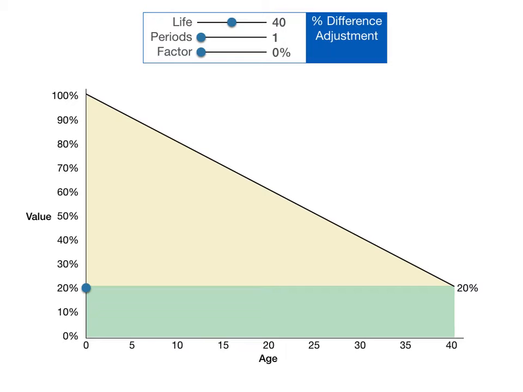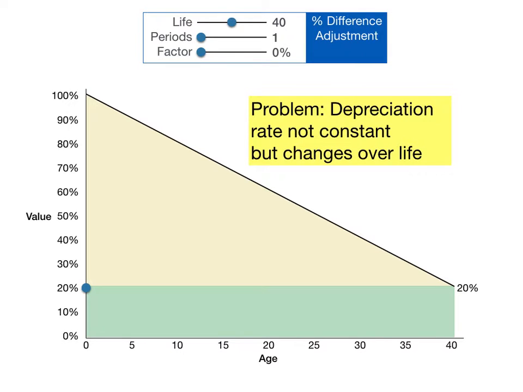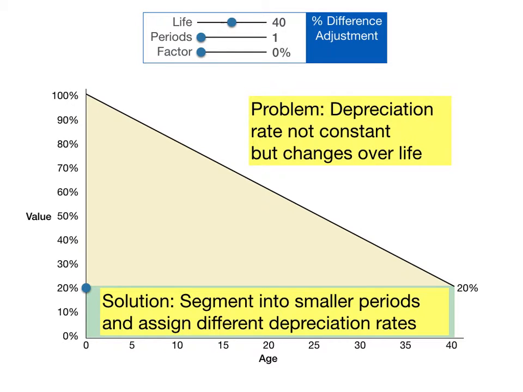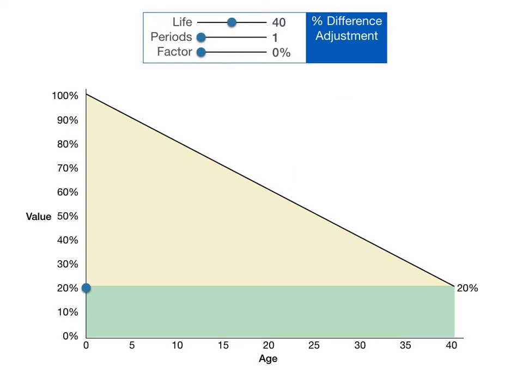The issue there is that it's very simple, but in most cases depreciation is not constant but changes over the life of the improvements. So one proposed solution is to segment this depreciation into smaller periods and assign different depreciation rates for each period. And that's where the period and factor sliders come into view.